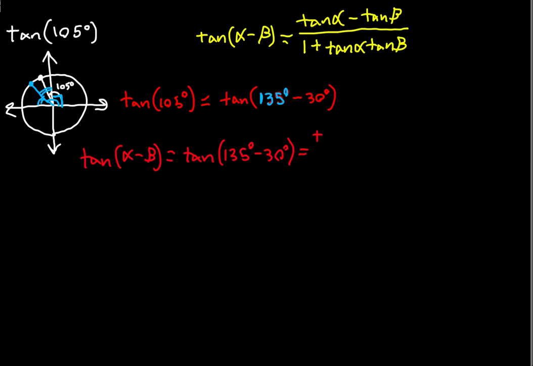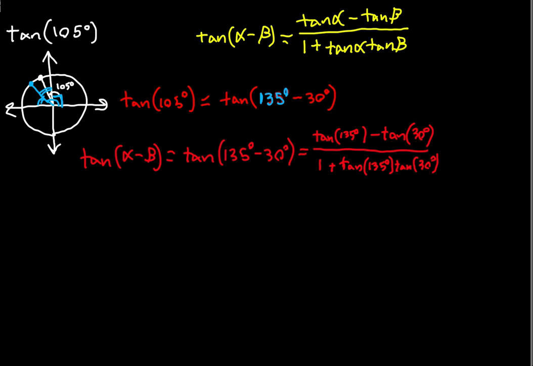It's going to be the same as the tangent of 135 degrees minus the tangent of 30 degrees divided by 1 plus the tangent of 135 degrees times the tangent of 30 degrees. Cool. And we know all these values, right?